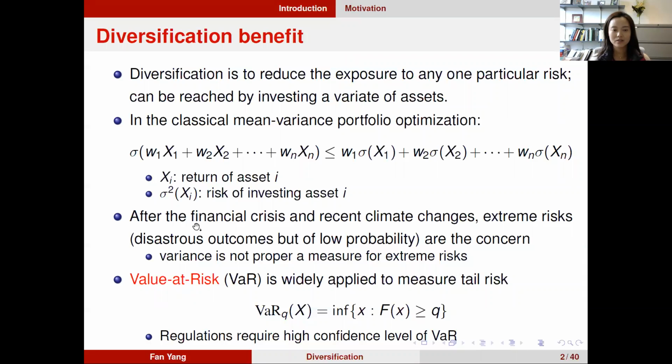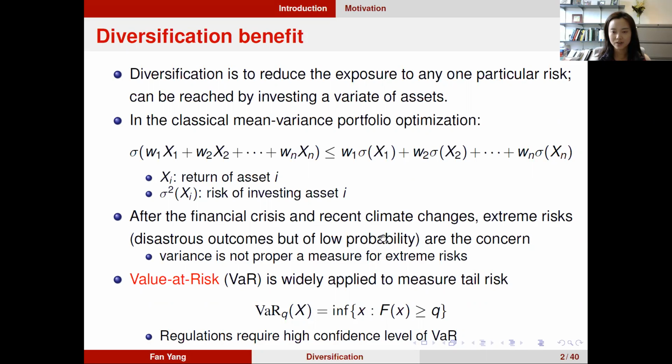After the recent financial crisis, I mean the 2008 financial crisis, and also recent climate change, extreme risks have become a greater concern. Extreme risks mean disastrous outcomes, but of course with a low probability.